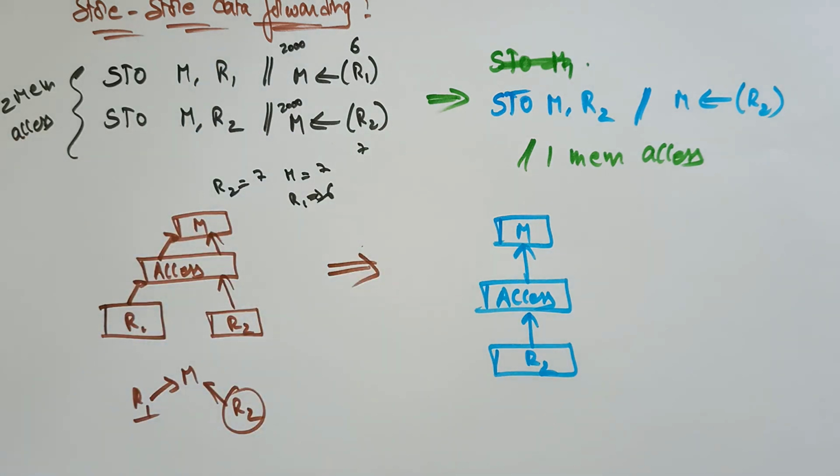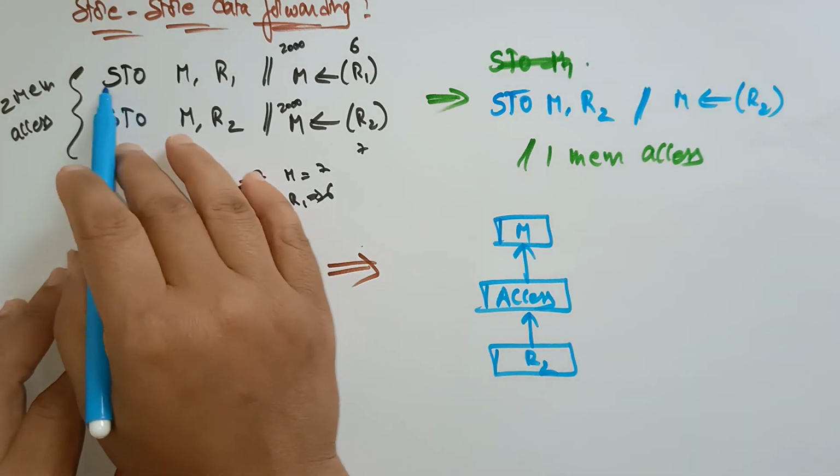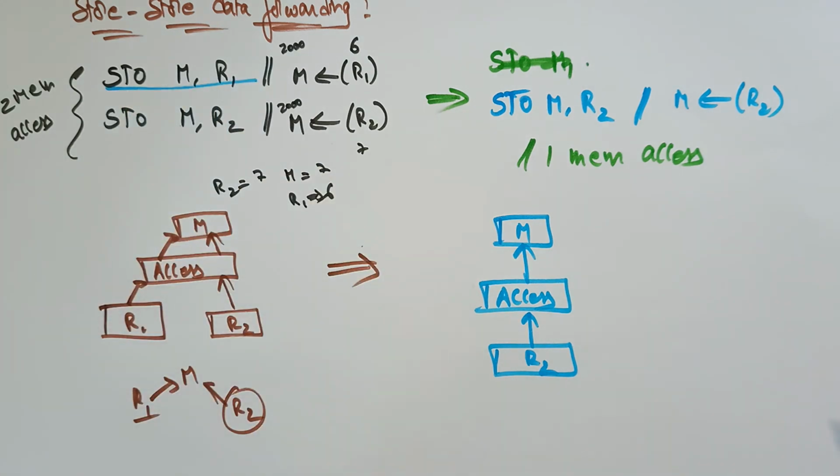Thus, the first store becomes redundant. There is no use for it, so try to eliminate it without affecting the output. I simply eliminated this without affecting the output.